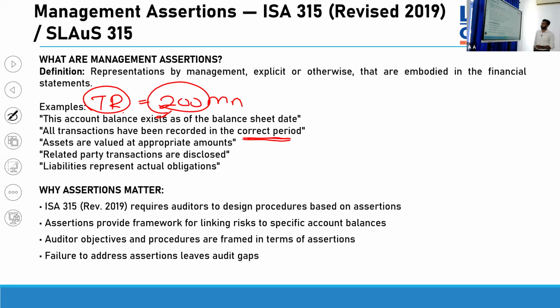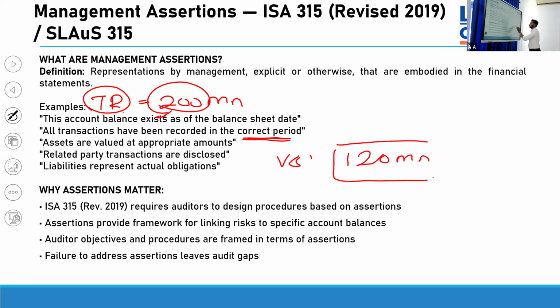Let's say there is a vehicle in the financial position. They have recorded around 120 million for that vehicle. By recording this amount, they are trying to tell us this vehicle is valued at an appropriate amount.